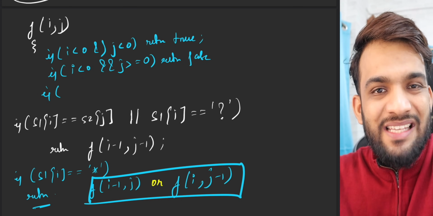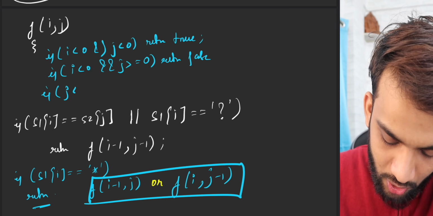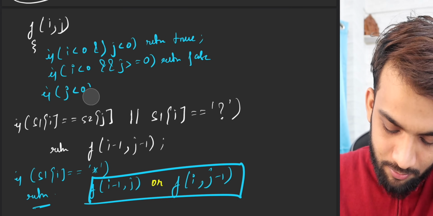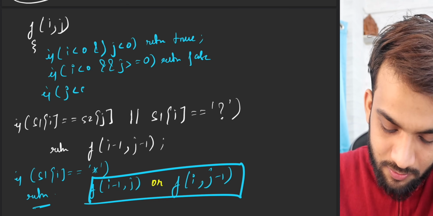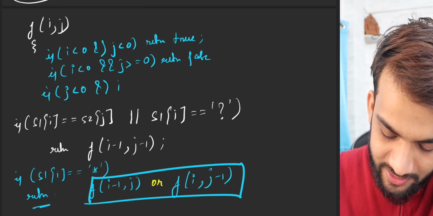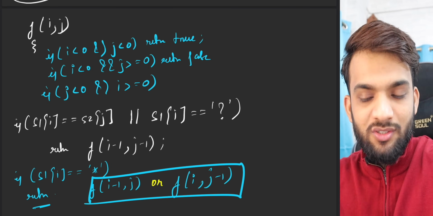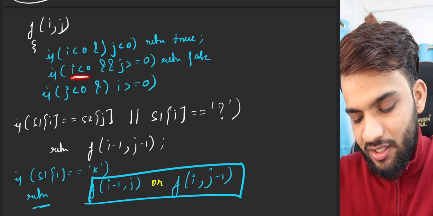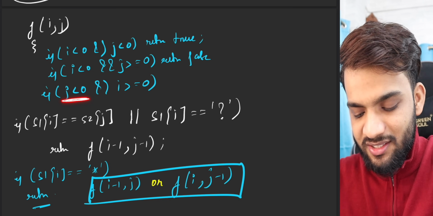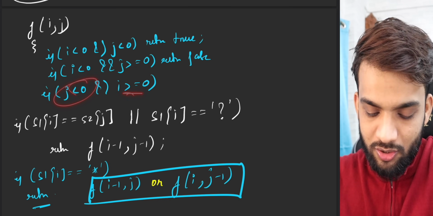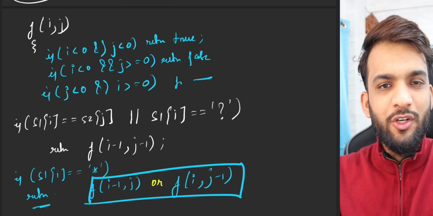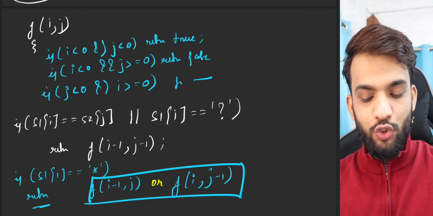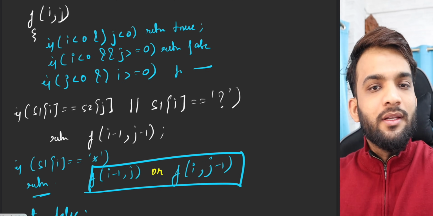And the other case is when this string got exhausted, but there is still i left. These are the cases: both get exhausted, or one gets exhausted and one does not. In that case you need to run a for loop and check. I'll show you that in the code. So that's how you can write the recursion.